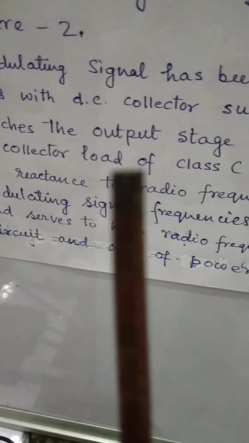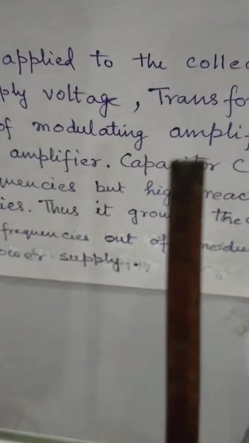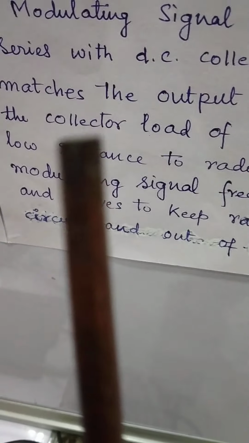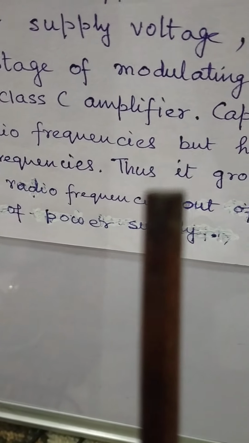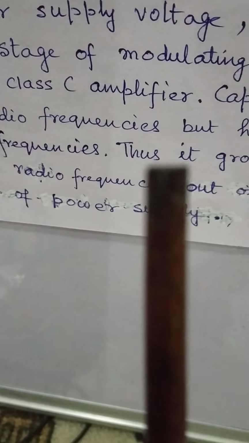Now this matches the output stage of the modulating amplifier with the collector load of the class C amplifier. Capacitor C offers low reactance to radio frequencies but high reactance to the modulating signal frequencies.